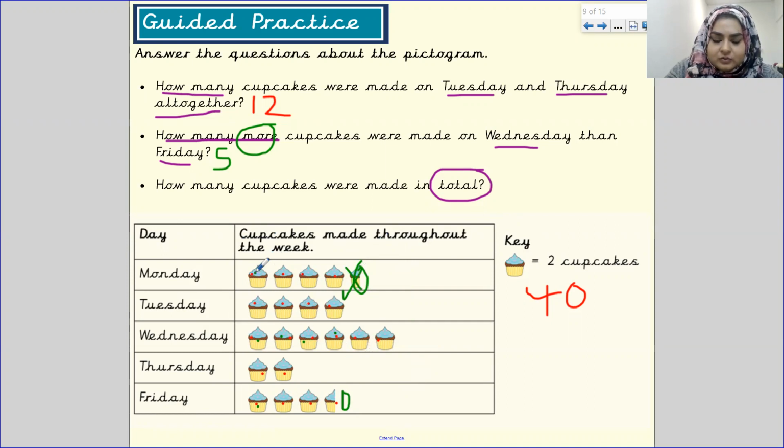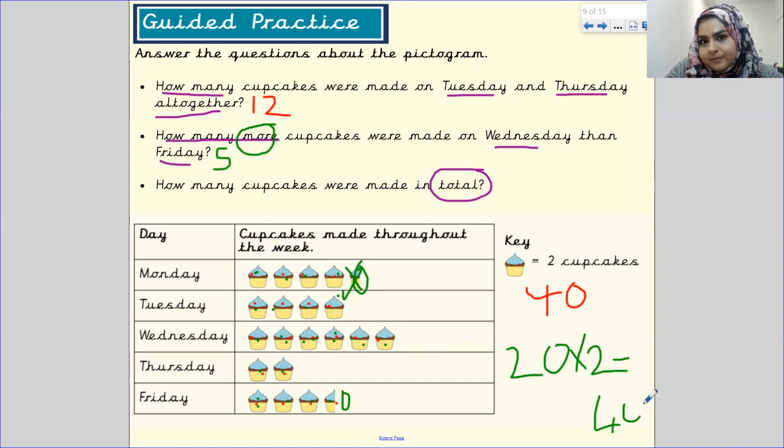Okay, let's count how many cupcakes we have. 1, 2, 3, 4, 5, 6, 7, 8, 9, 10, 11, 12, 13, 14, 15, 16, 17, 18, 19, 20. So I know 20 times 2 equals 40. Yeah, fantastic.